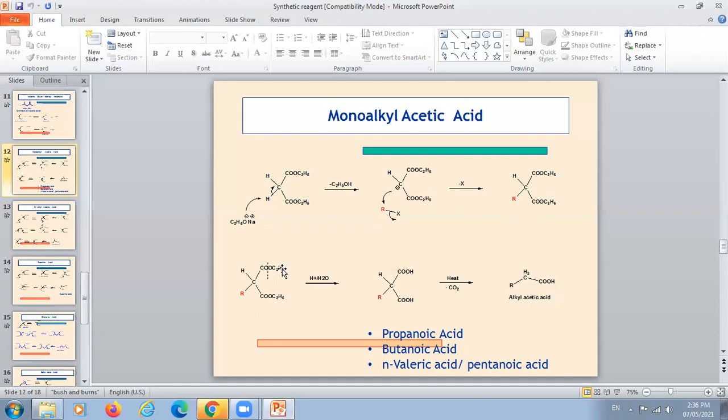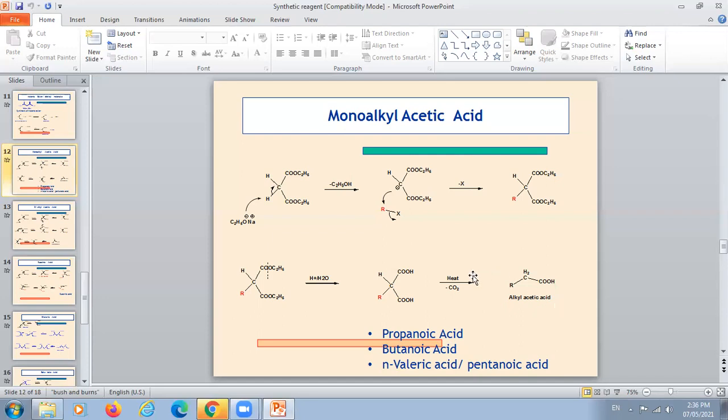Here COOEt, that is the COOC2H5 group, now this group gets converted into COOH. It contains two ester groups, so both ester groups get converted to carboxylic acid. With slight heating, two COOH groups are present on the same carbon, so one COOH group is lost in the form of CO2, and there is a formation of an alkyl acetic acid. That is nothing but a monoalkyl acetic acid.